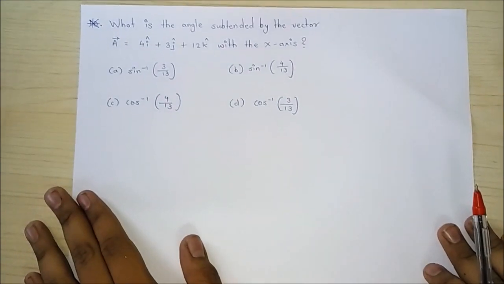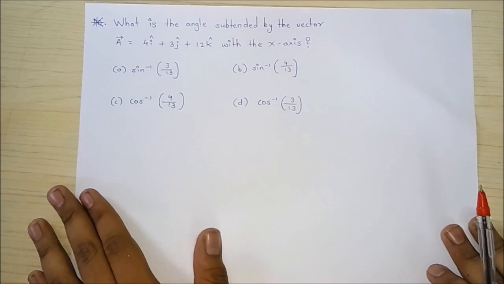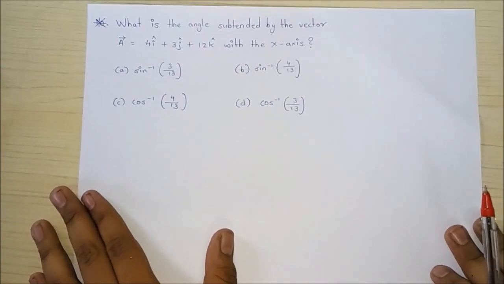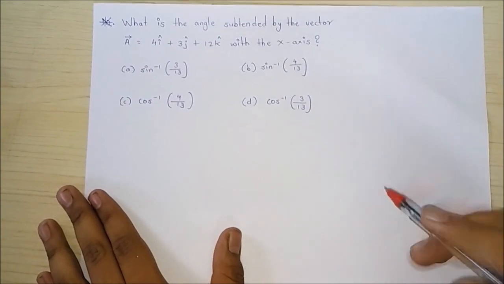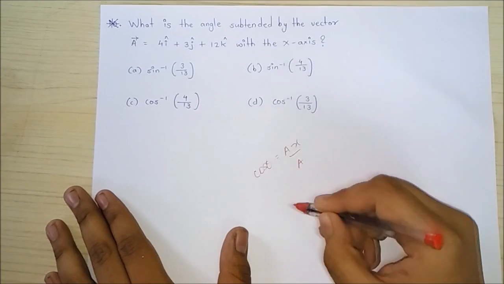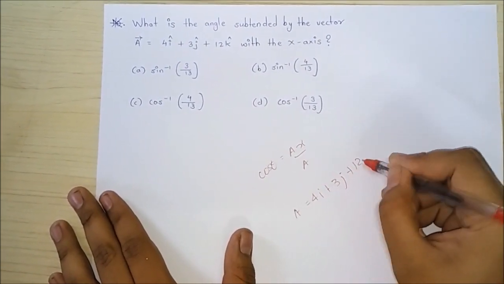What is the angle subtended by a vector A equal to 4i plus 3j plus 12k with the x-axis? Now to solve this question, we know that the angle made by the vector A with the x-axis is given by cos theta equal to ax upon mod of A, where A is equal to 4i plus 3j plus 12k.